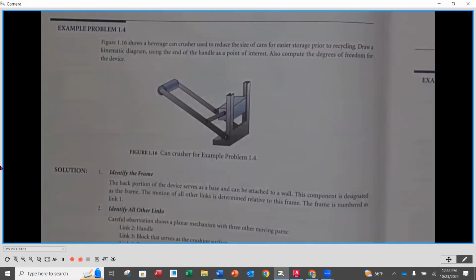Now, if you wanted to, they do have a representation of the kinematic diagram further down on the page. So feel free to peek, but see what you can do just by yourself, using what we've already learned.